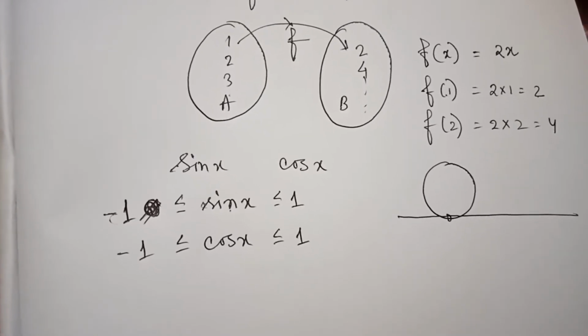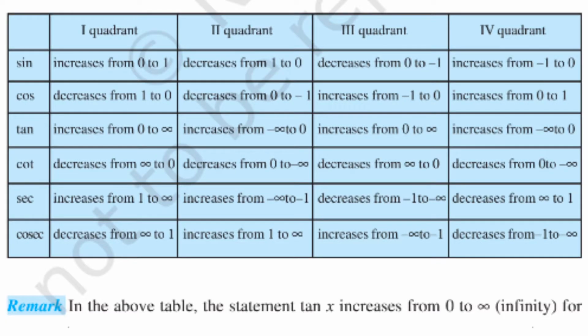So look at the table on your screen. You can see the first quadrant, second quadrant, third quadrant, fourth quadrant: there are 4 columns and there are 6 rows for the 6 trigonometric functions.